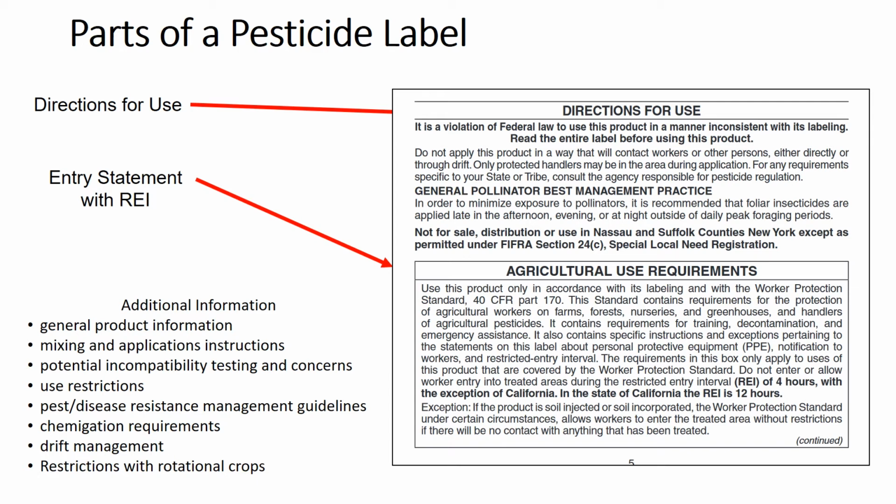When you're talking about mixing chemicals, not all chemicals are compatible with one another. And the label should allow you the opportunity to mix that. But most of the time when you mix chemicals, even the label recommends that you do that in a test situation rather than just doing it in your tank. And one of the short video clips that we'll have as part of this presentation is the jar test method.